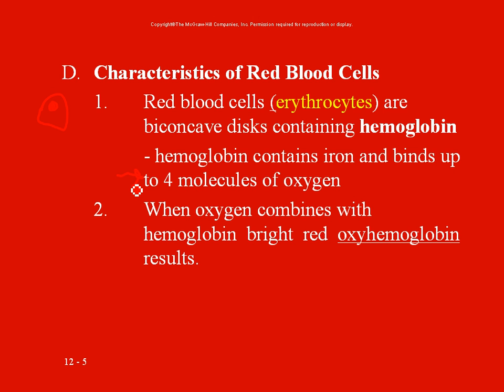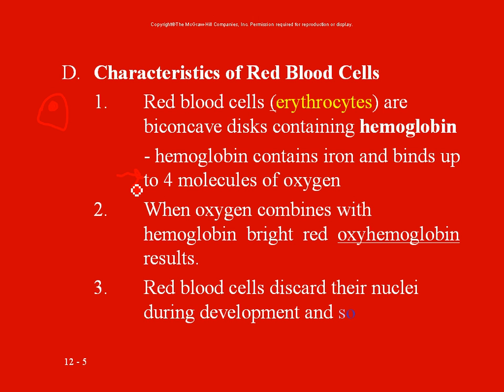Now, because the hemoglobin contains iron, when the oxygen combines with the hemoglobin, it produces what's called oxyhemoglobin, and it looks very bright red. And so oxygenated blood, like you think about in arteries, and we'll talk about that later, that oxygenated blood appears red. But deoxygenated blood actually is called deoxyhemoglobin, and it doesn't appear blue like you think about with the veins or you see it drawn out.